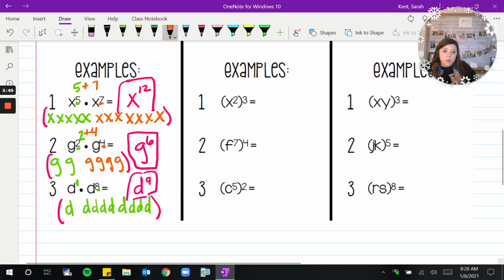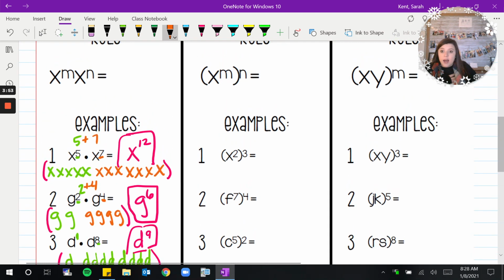So the rule for this one, anytime letters are being multiplied, so here x times x, we're going to add the exponents. So here we have x to the power of m times x to the power of n. We would add the exponents, m plus n. So 5 plus 7, 2 plus 4, 1 plus 8 gets us the new exponent.